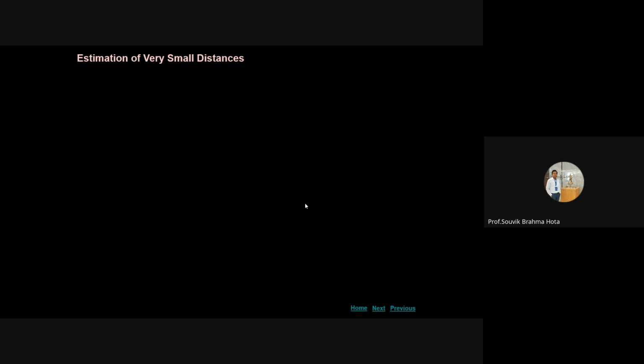Now, estimation of very large distance we can do by the parallax method. Very small distance can also be measured using an electron microscope.